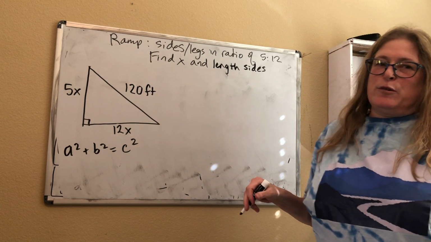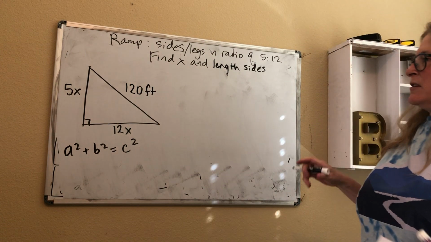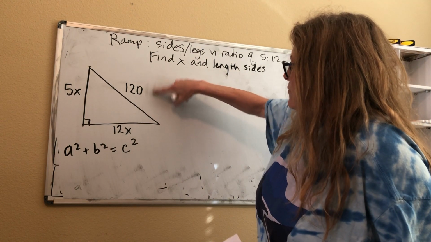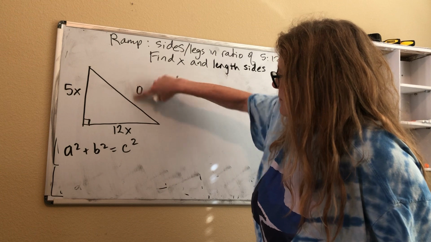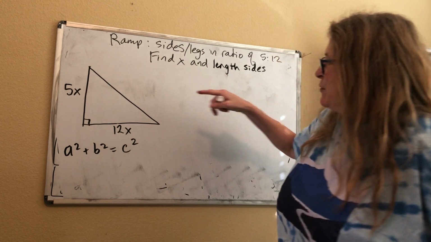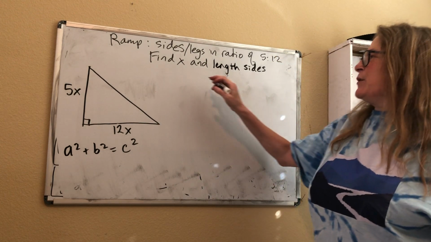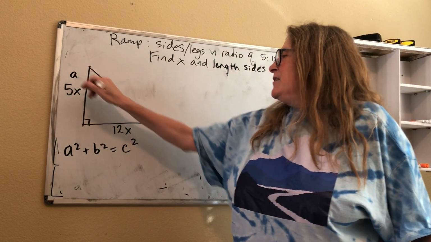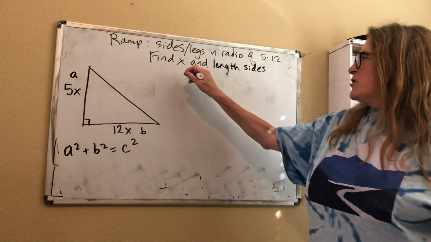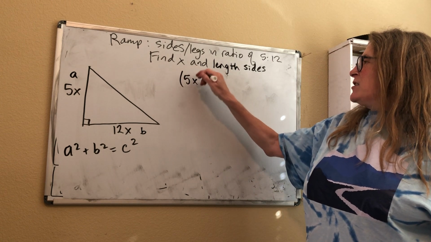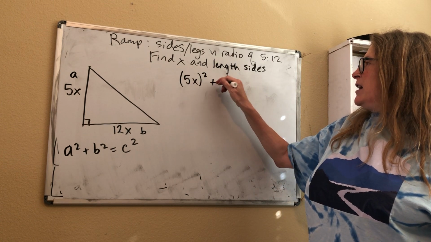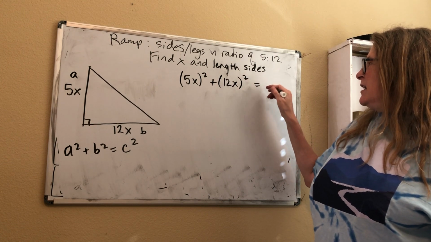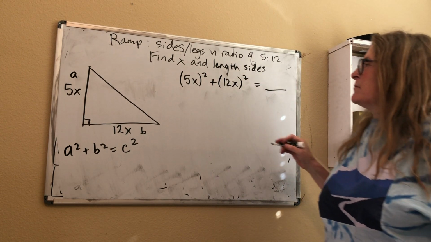I don't know if your example says 120 feet, but actually let me do the first part first. I'm sorry, I don't actually have the problem in front of me. So this is our A, this is our B. So I'm going to say I have 5x quantity squared plus 12 quantity squared equals, and I'm going to fill in this number in a second.